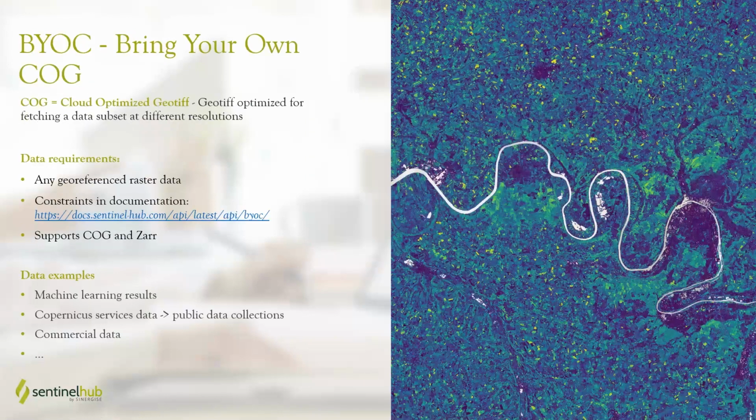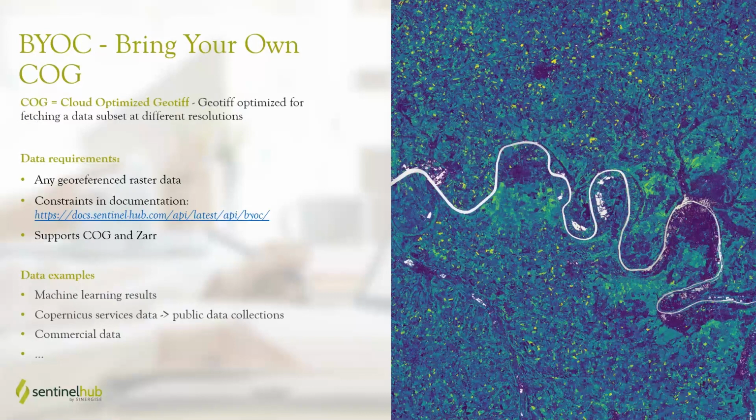So the Bring Your Own COG, what does this actually mean? This API is intended for people to be able to import data that are not already part of the Sentinel Hub API. We hold a lot of collections already, but there are still so many available outside, such as, for example, several Copernicus collections, different kinds of commercial data.